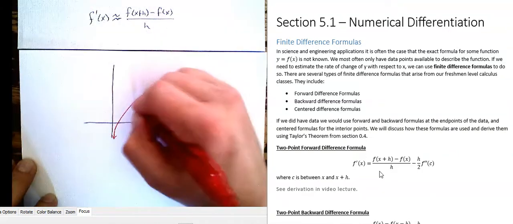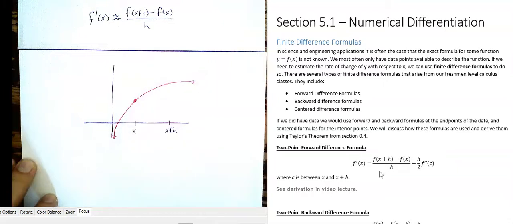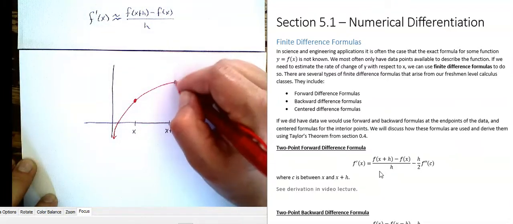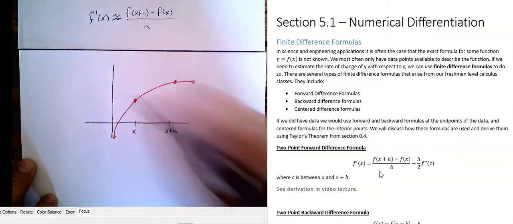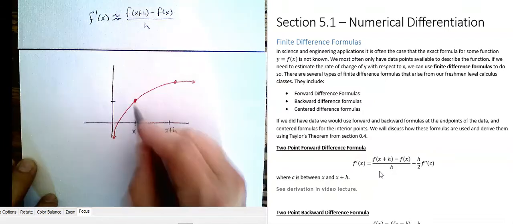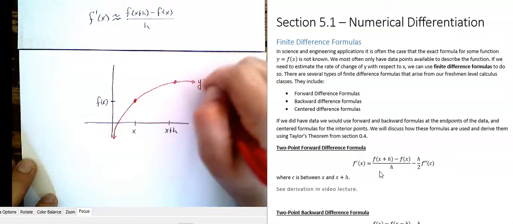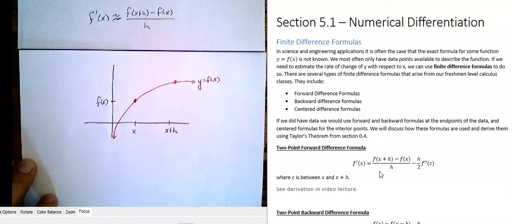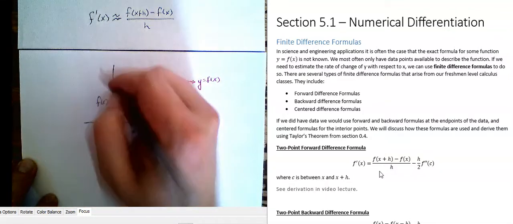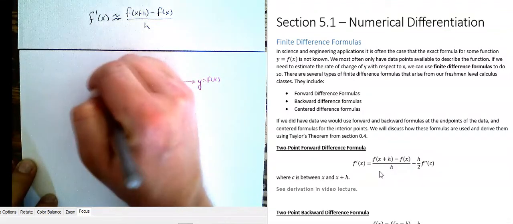So we have points x and a point at x plus h. So that means that this y value would be f of x, if this is y equals f of x. And this y coordinate would be f of x plus h.